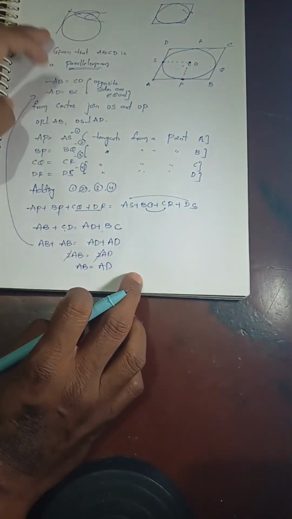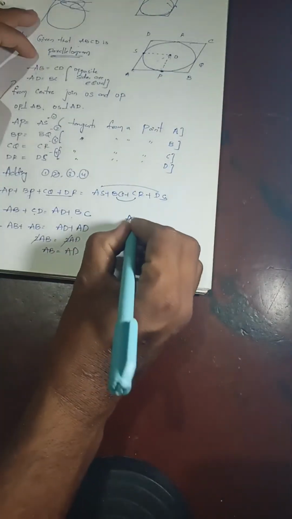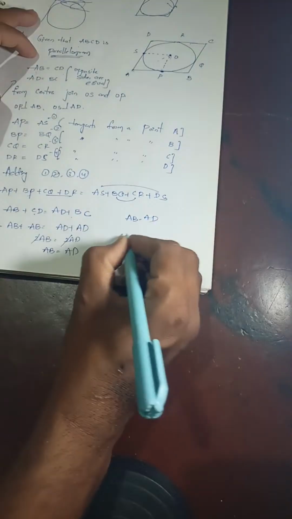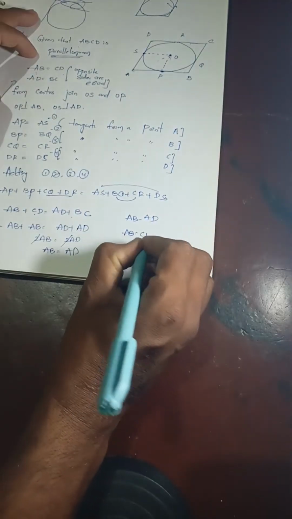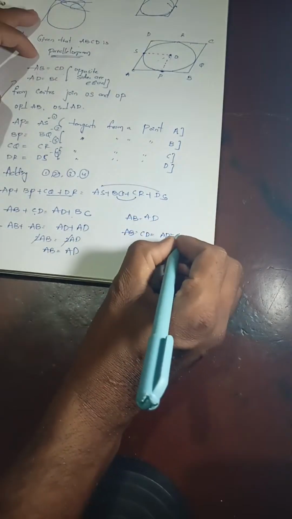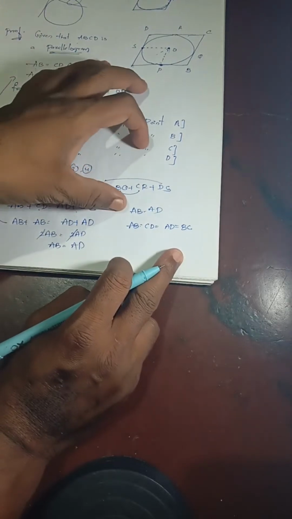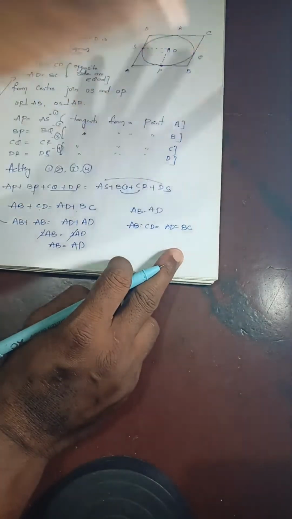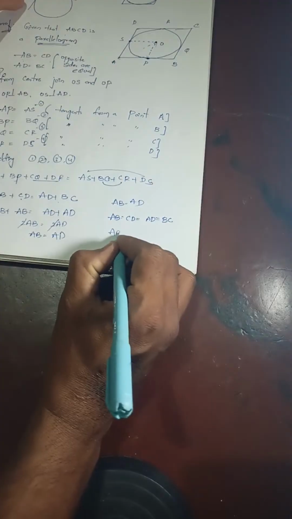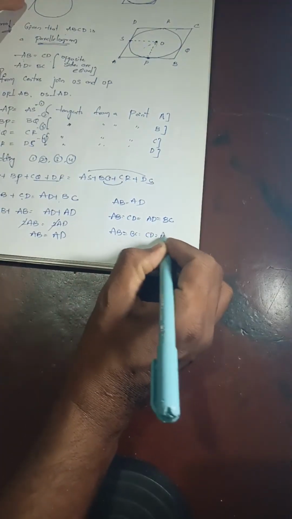If AB is equal to AD, then AB is equal to CD, CD is equal to AD, and AB you can write as BC. So you can write AB is equal to BC is equal to CD is equal to AD.